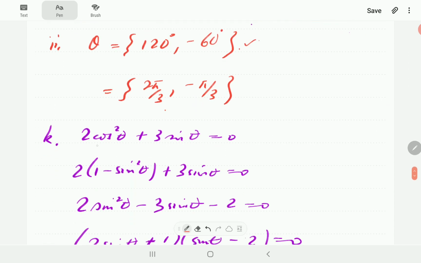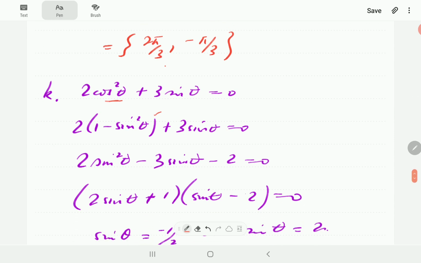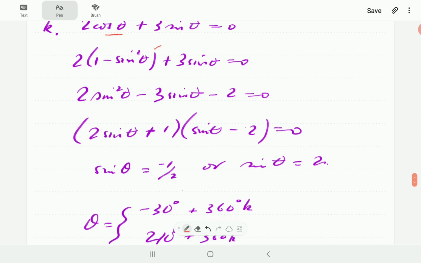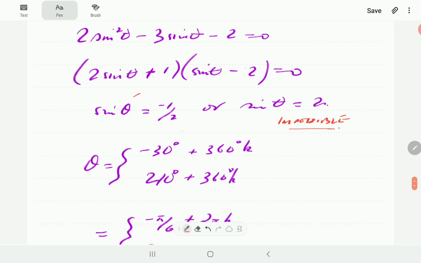Here, in K, if we write cosine squared in terms of sine and simplify, we get 2 sine squared theta minus 3 sine theta minus 2. So that gives us either sine theta is negative half or sine theta is 2. Of course, this one is impossible because sine and cos are always between negative 1 and 1.